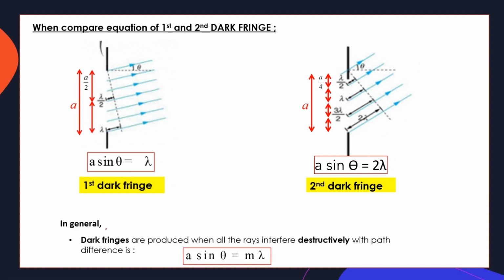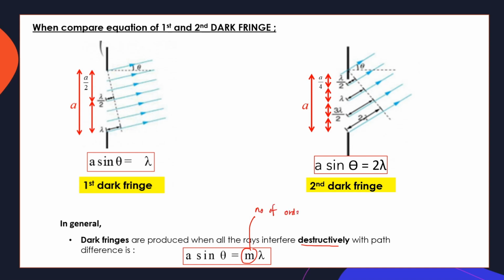Therefore, in general, the dark fringes are produced when all the rays interfere destructively. So the destructive interference will happen when the path difference between the rays is equal to a sin theta equal to m lambda, where m is the number of order.